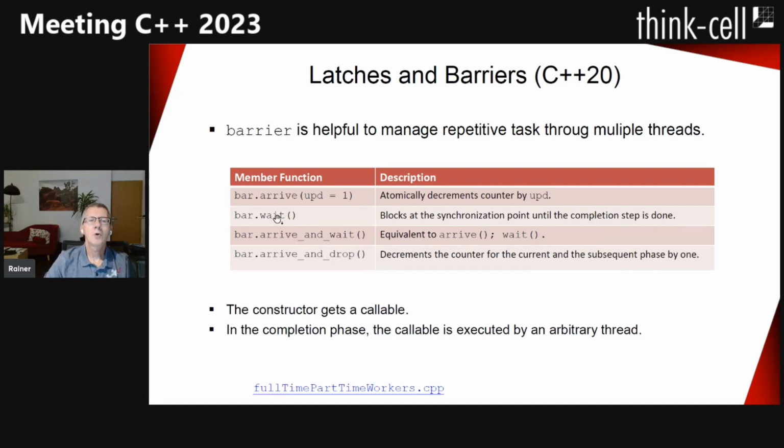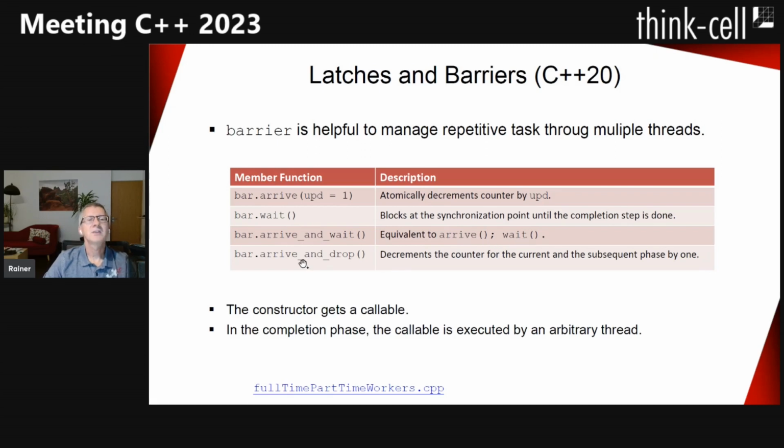We have a wait call, which blocks when the counter is not 0, or to be specific, until the completion step is done. I will say a few words about the completion step. Then we have arrive and wait, which is equivalent to arrive and then wait.